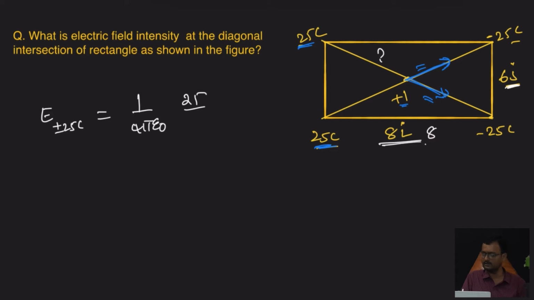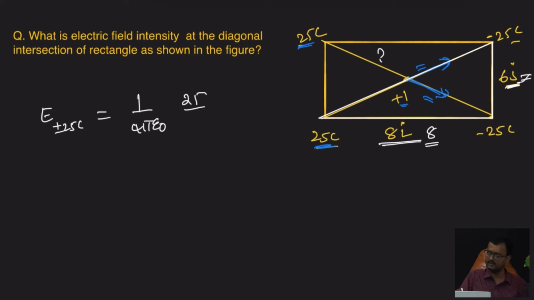So what is the diagonal length? It is a right angle triangle, and the diagonal is the hypotenuse. So hypotenuse square is equal to side square plus side square: 8 square is 64, 6 square is 36, 64 plus 36 is 100, hypotenuse is root 100, that is 10. So each diagonal length is 10.